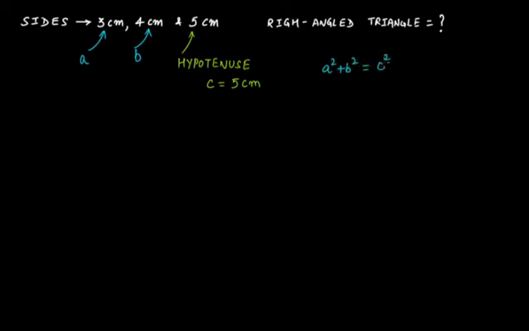They have to fulfill this property. Okay, so if you solve this, A square is what? 3 square plus 4 square.